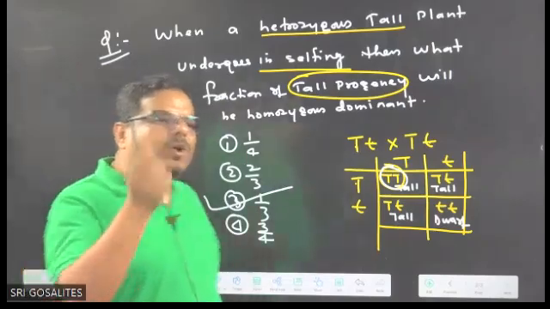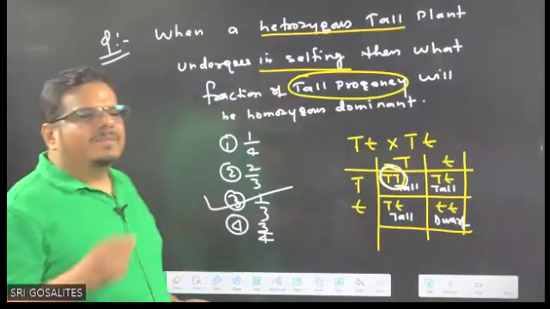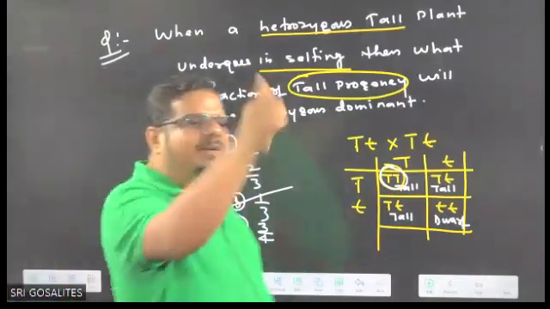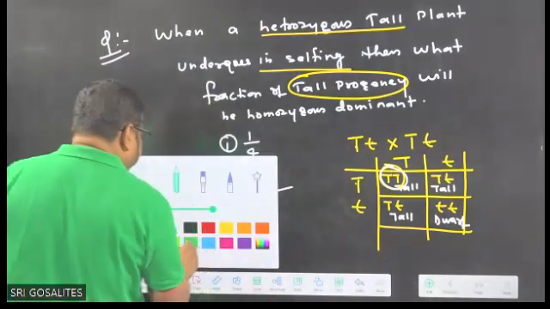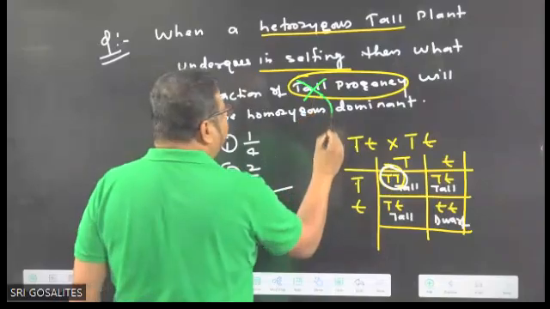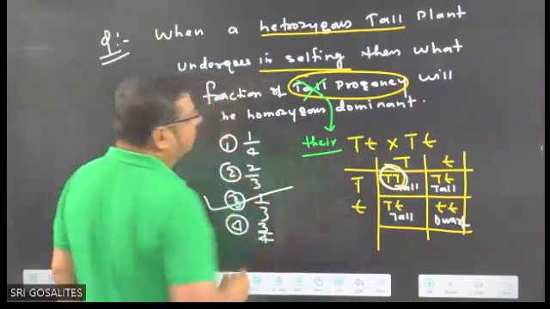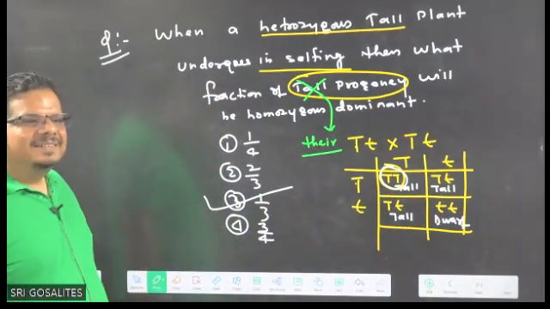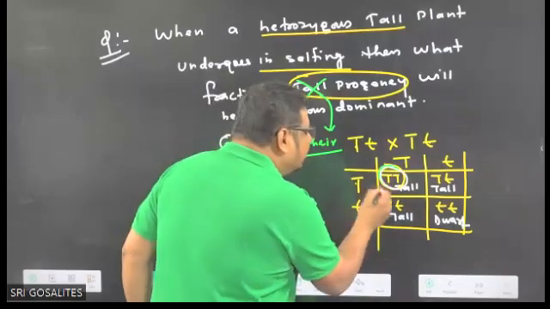What fraction of tall progeny did I ask? Not all. See, I make a small change, the answer will change. If in place of tall I write progeny, then all 4 are progeny, and homozygous dominant is only 1.